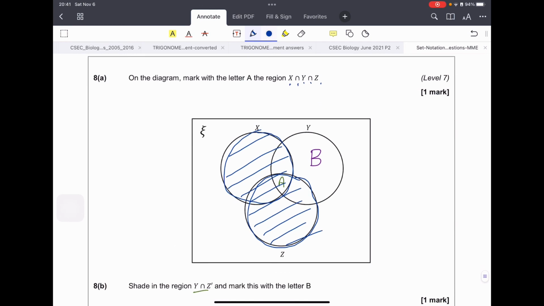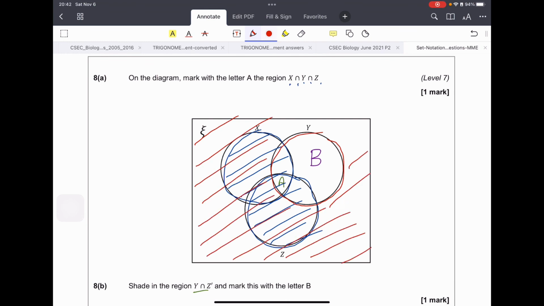So we need to intersect wherever Y is not. Okay? So Y is this circle over here. So Y prime is everywhere that is not in Y. Right, so where does our red and blue overlap? In this region here. Bam.